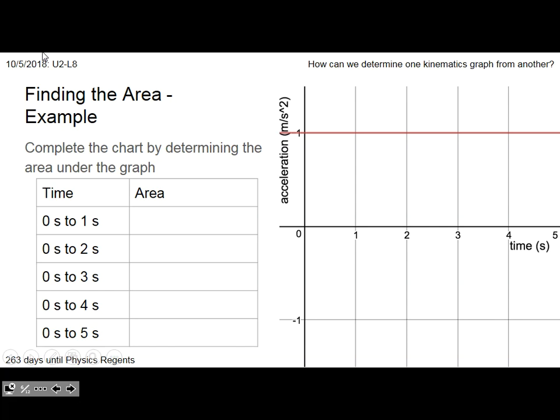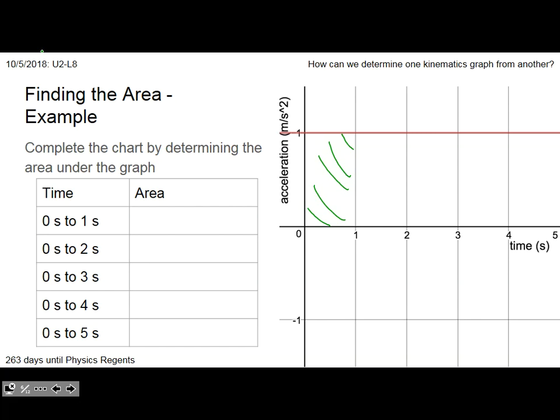And then I'll figure out the area between 0 and 2, and then 0 and 3, 0 and 4, 0 and 5. So let's do the 0 and 1. So I need to figure out this area. What is the shape we have here? It's a rectangle.